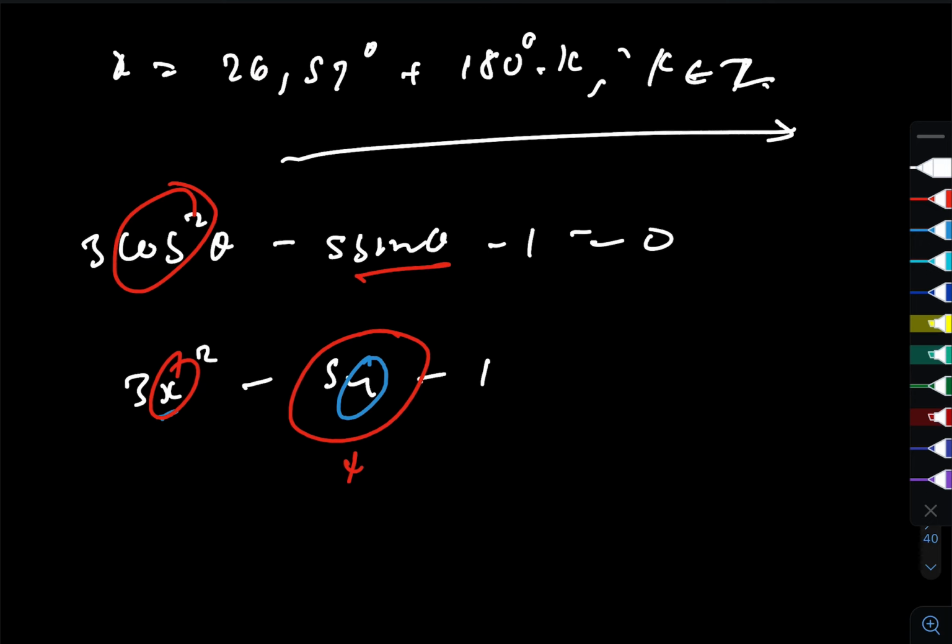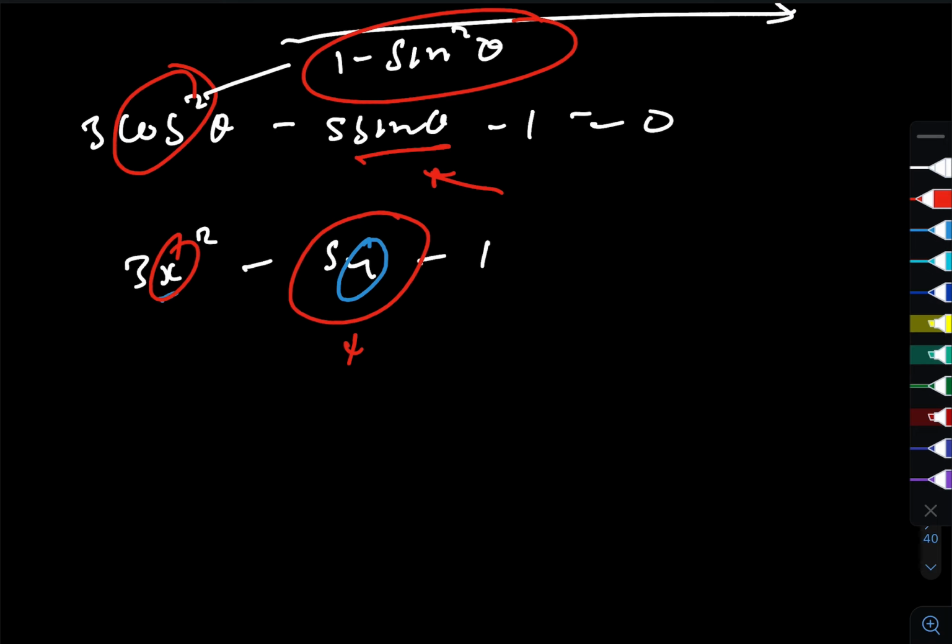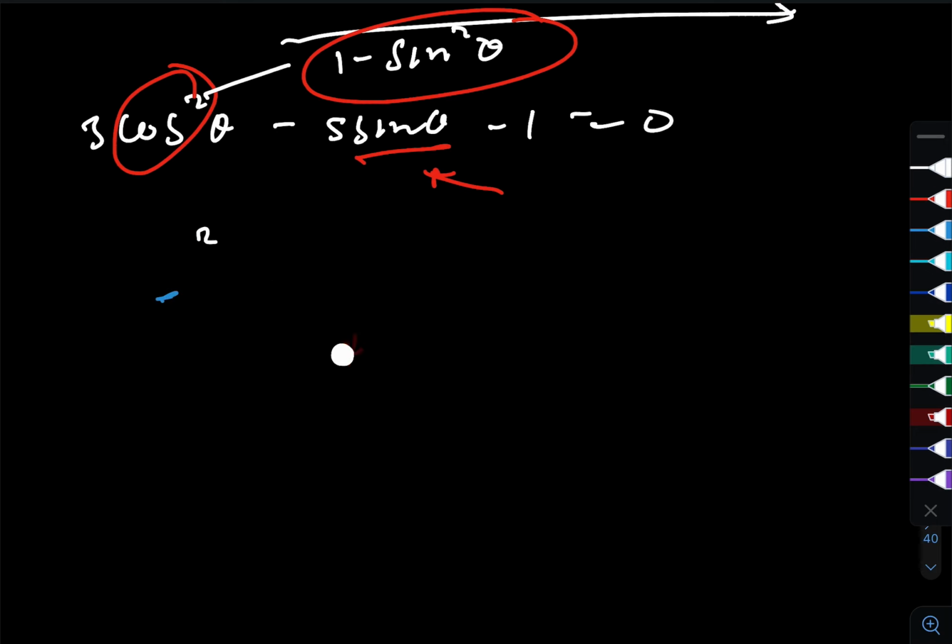However, I can change this into 1 minus sine squared theta. So therefore my quadratic, the sine squared, will be the same as my linear, which is the sine theta. And then I will have my constant minus 1. Simple as that. So what I'm going to do is take a 3, and then instead of having cosine there, I'm going to have 1 minus sine squared theta.